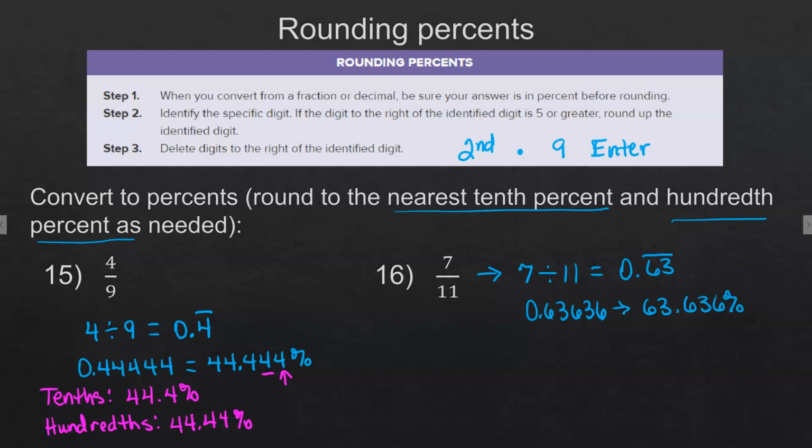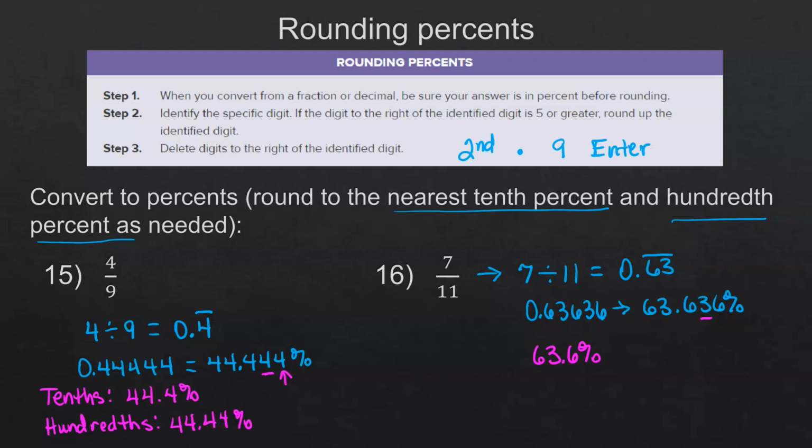Okay, so in percent form, it's going to be 63.636%. And then I'm going to round that to the tenths and the hundredths, right? So to the tenths place, that's 6 after the decimal, so I'm going to have 63.6%. And then for the hundredths place, I'm going to move that 1 digit over, right? So that's the hundredths.